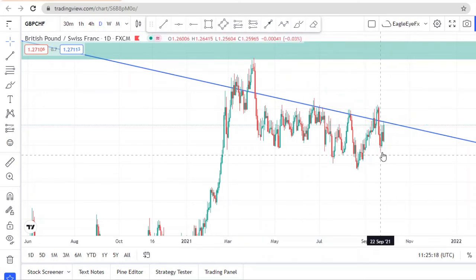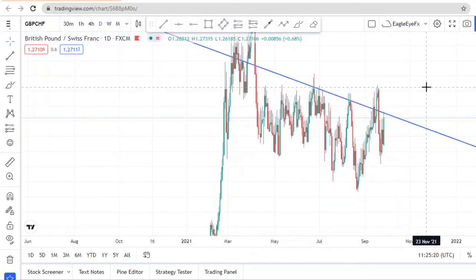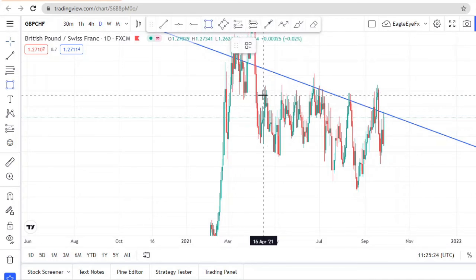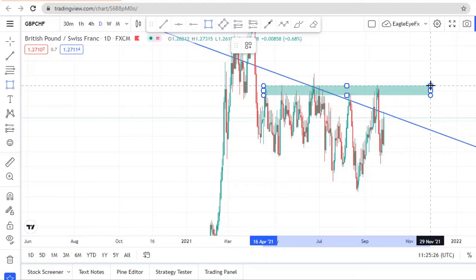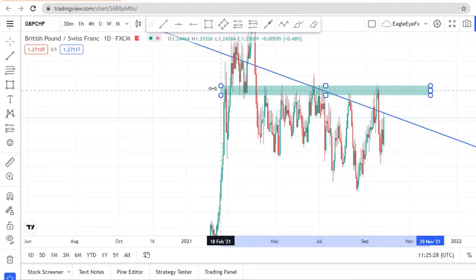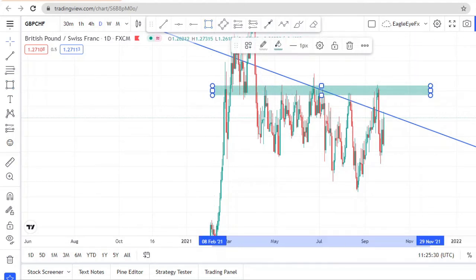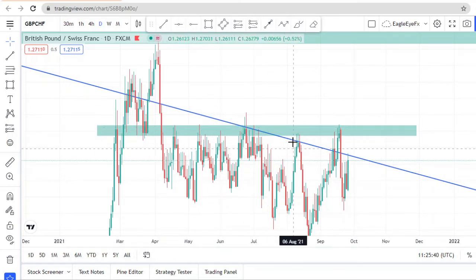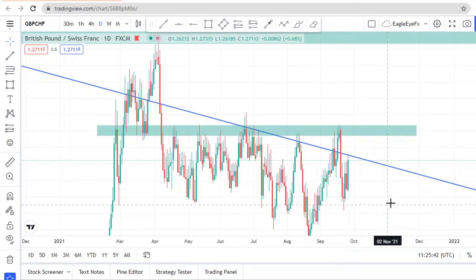Then the first thing I will do is mark my zones again, because I'm seeing a level that was acting as support, broken, support, broken again. See, rejection, rejection, rejection, rejection, and another rejection over there.